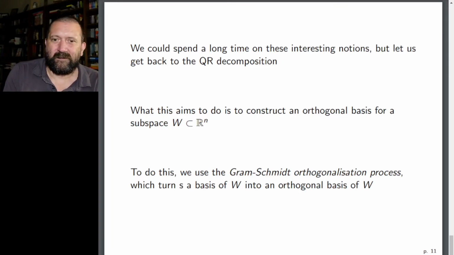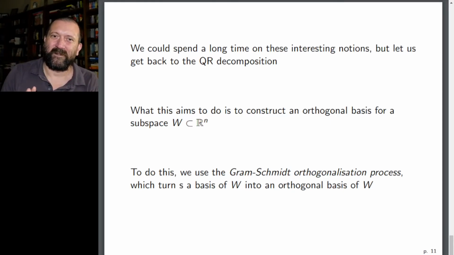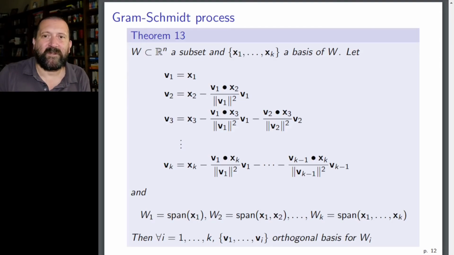Here, I will work through an example by hand. I'm going to show you the theorem, but for the moment, don't pay too much attention to it. When we look at an example or two, it will make much more sense. So the Gram-Schmidt process consists in doing the following.